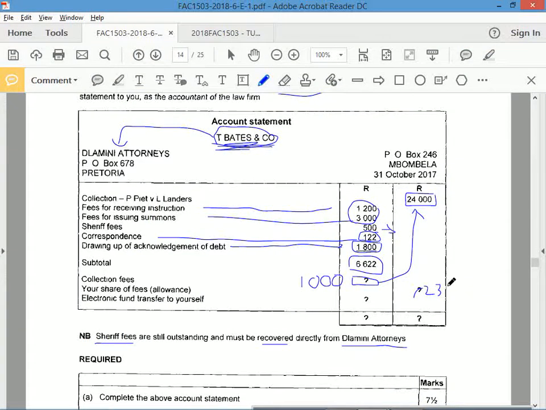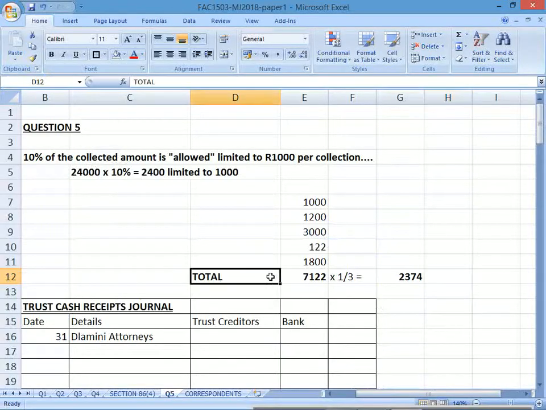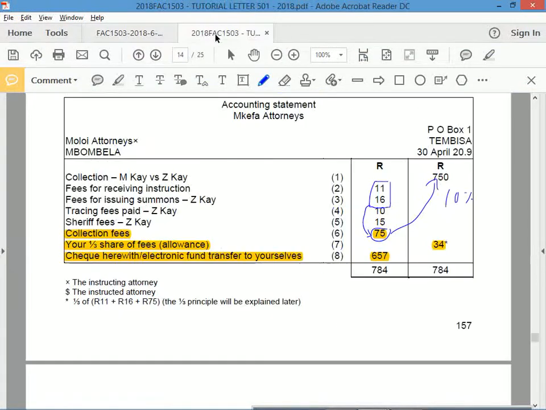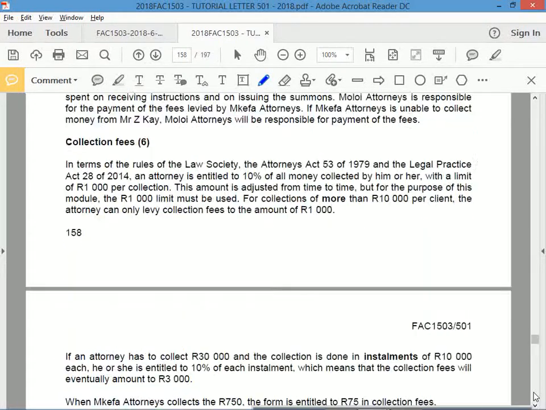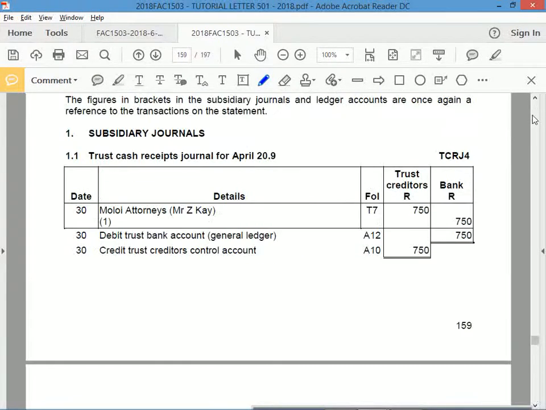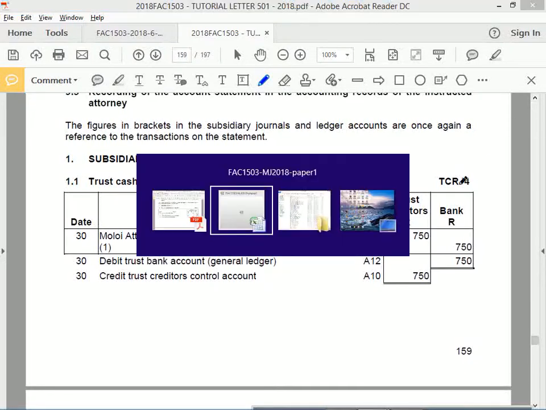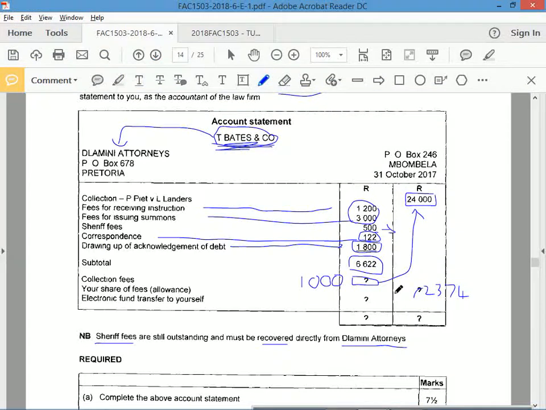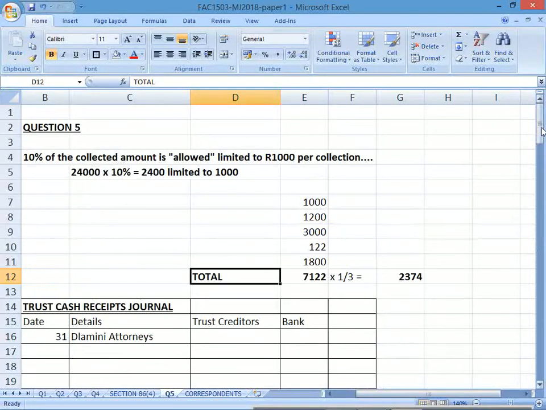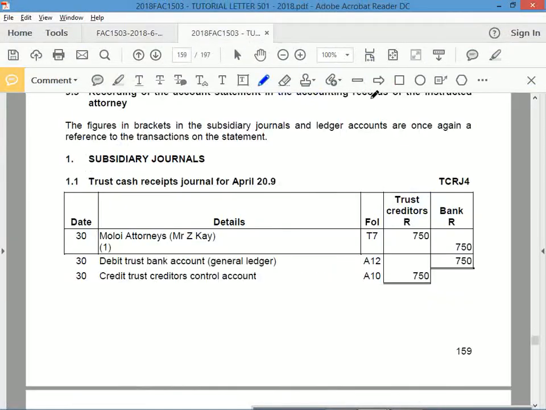2,374. Okay, so we've got that, and then the difference, let's use this again.